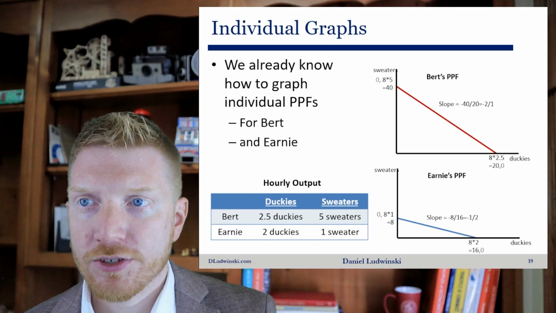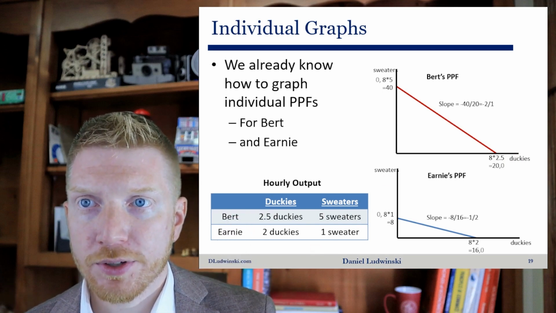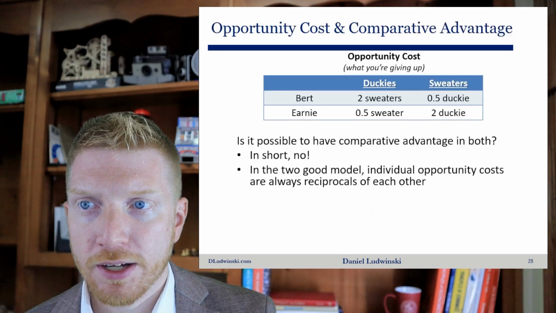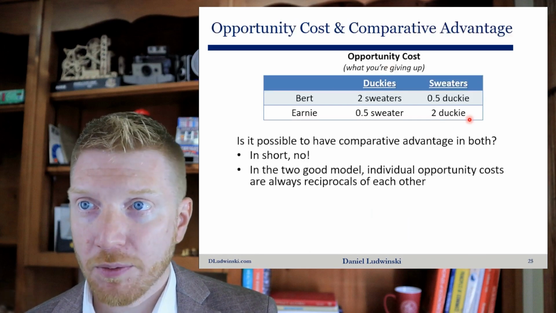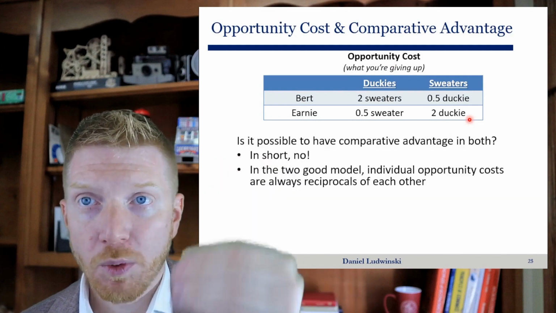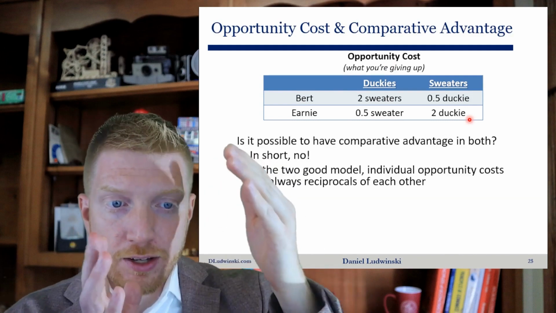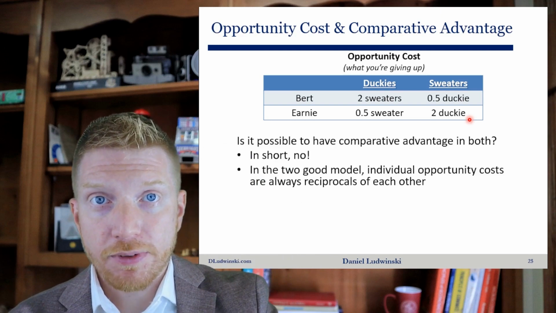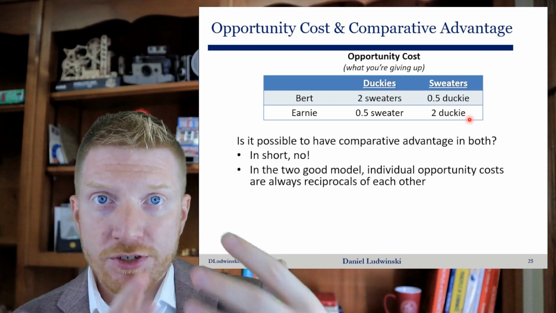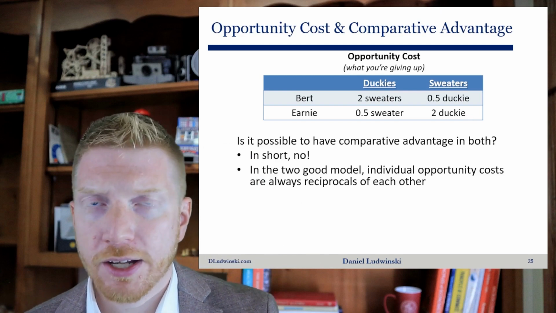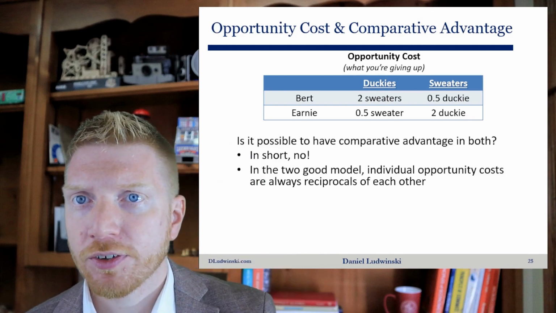The fact that these opportunity costs, when we put them in a table here, were reciprocals of each other was not something that happened to happen. It's the way that these things are defined. You're giving up one to get the other, and moving the other way, you're giving up the reciprocal amount. What you're getting switches to what you're giving, and vice versa.